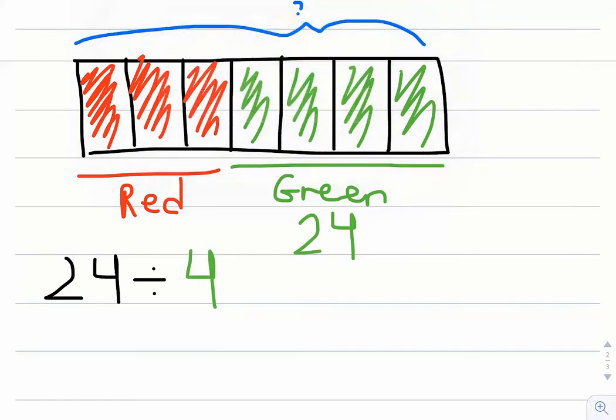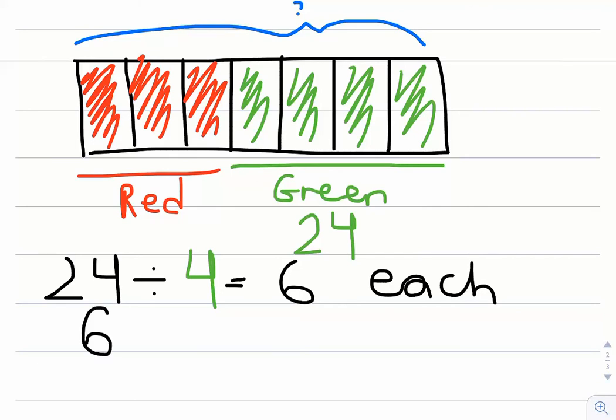And when I divide this, I will get 6, which tells me that each box has 6 apples in it. So now I can use this 6 of each box to multiply by 7, since there are 7 total boxes in this problem, and that will give me 42.